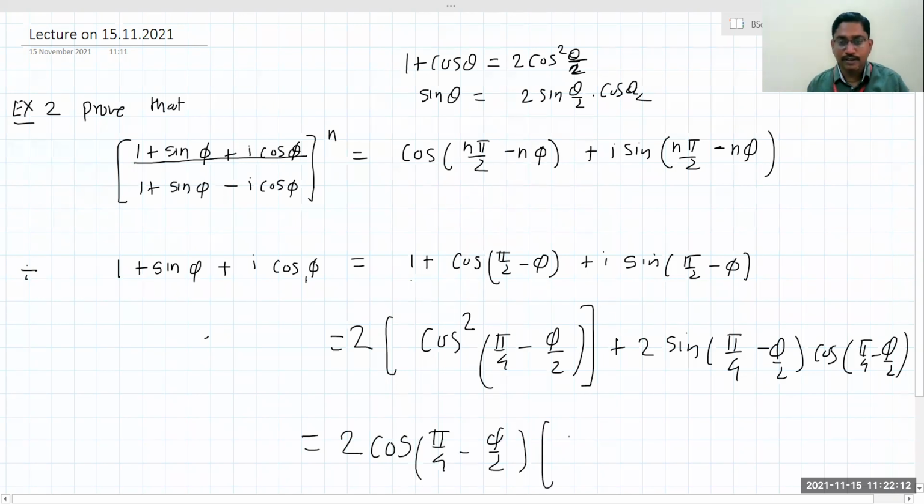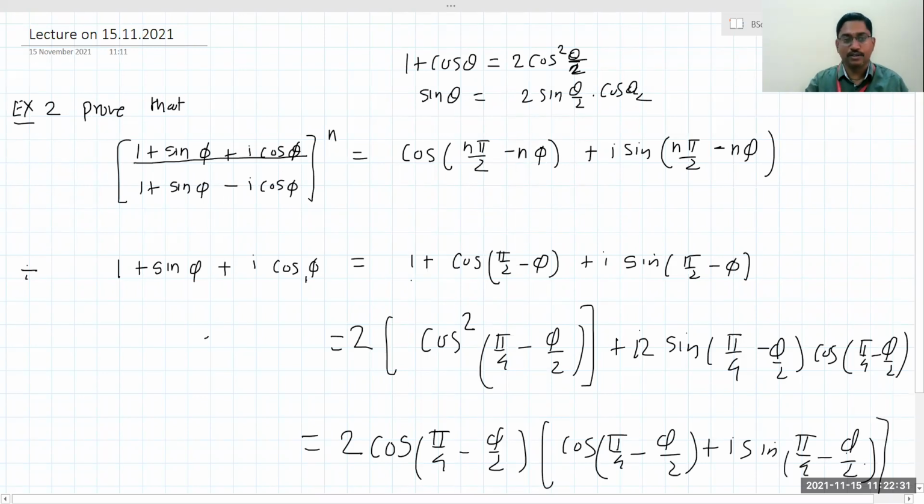What is inside? It is cos of pi by 4 minus phi upon 2 plus i sin of pi by 4 minus phi upon 2.